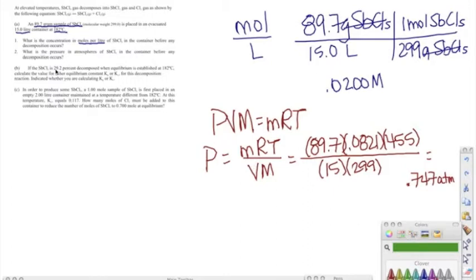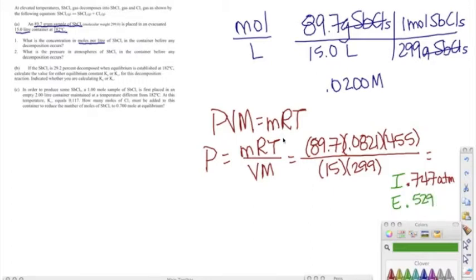Since it says it's 29.2% decomposed, that means it's 70.8% still there. So if we take this pressure, and we know that the equilibrium pressure is 70.8% of this, then if this was the initial, our equilibrium pressure is 0.747 multiplied by 0.708, and you get 0.529.